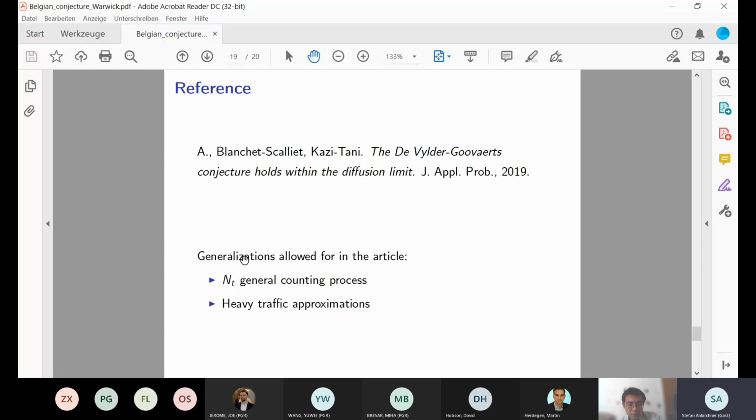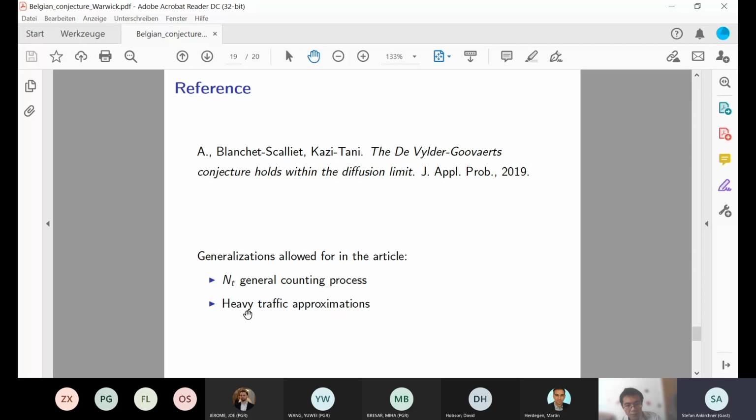Let me stress that for the talk, I just looked at the classical model version, but indeed you can generalize the model slightly. You can look at cases where N_t is a general counting process and the results still hold true. What is also possible is to look at the heavy traffic approximation of the risk reserve processes. Here I present the limit when there's no safety loading, but usually you have a safety loading. So what you do then is you take the safety loading as an approximation parameter.